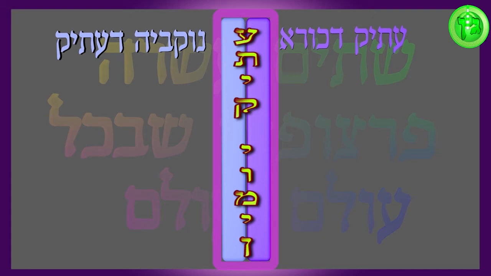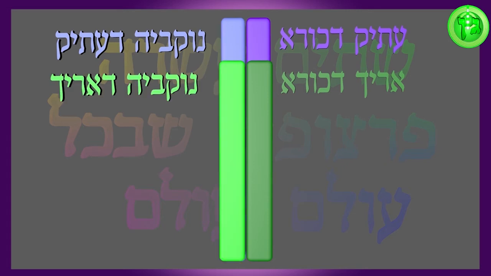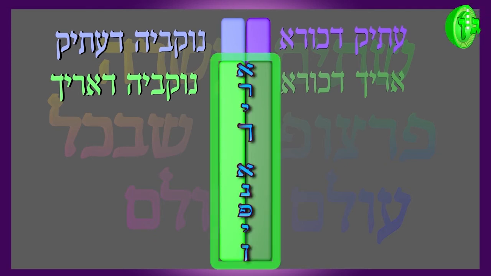Following the male and the female sides of Atik Yomin, then come the male and the female sides of the next general Partzuf, as seen here in the color green. These are Arich Dechura on the right and Nukvei Darich on the left. And together, these two private Partzufim make up the general Partzuf known as Arich Anpin, which we'll speak about in much greater depth in the future.